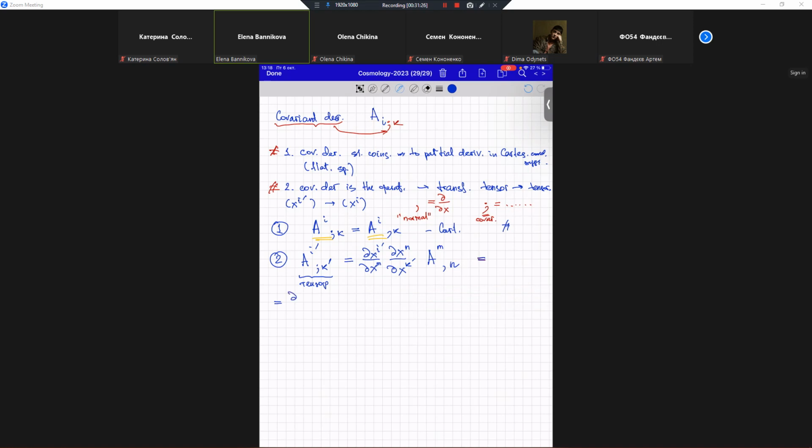So look, I can do this: dx_m, dx_n, dx_k prime, and you can see now I write just this, here 1, it's just a comma, so I can write this like this.